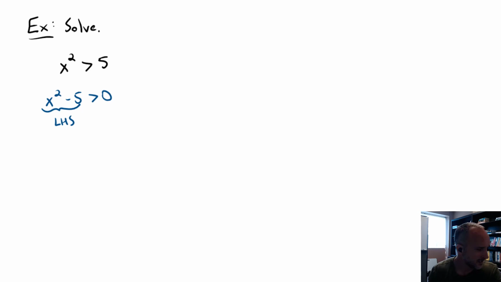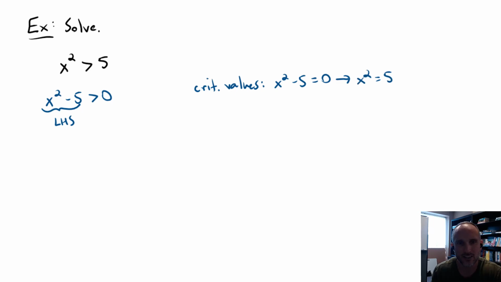And to find the critical values, I have to solve the corresponding equation, x squared minus 5 equals 0. And it's not too hard to solve. I can just get x by itself. So that means x squared equals positive 5. And then taking the square root of both sides, I get x equals plus or minus the square root of 5.